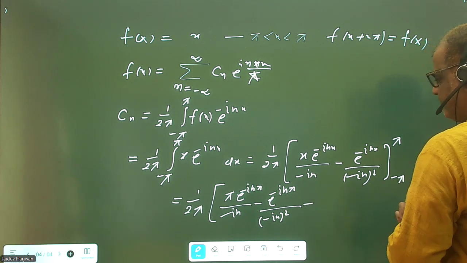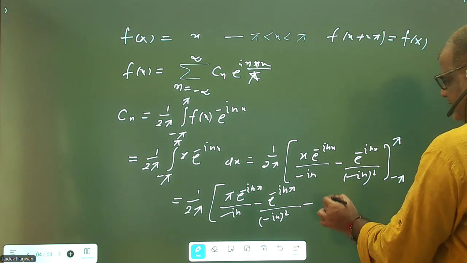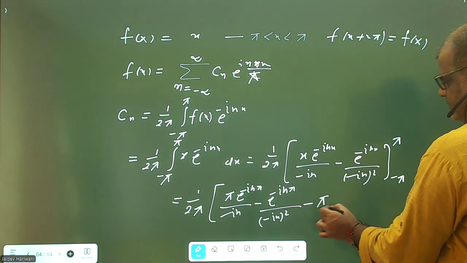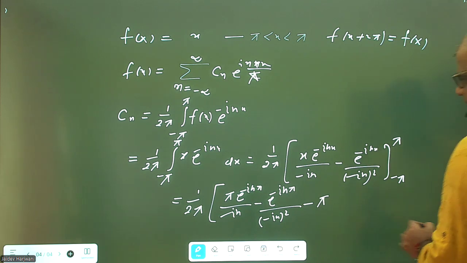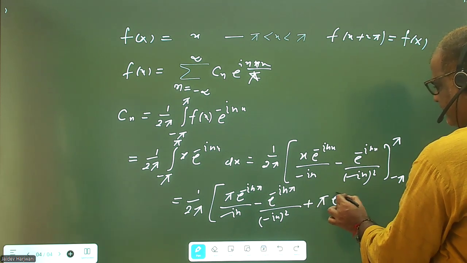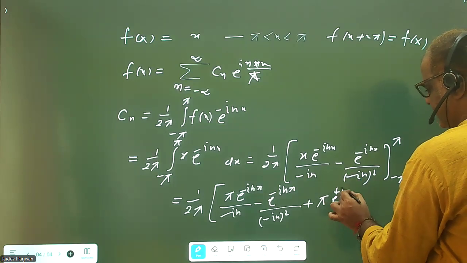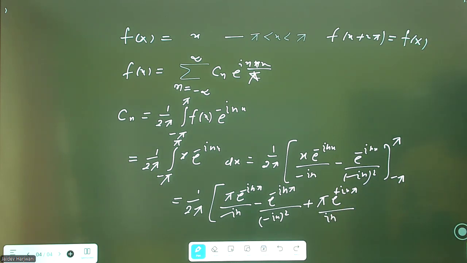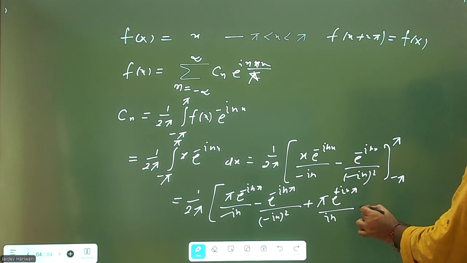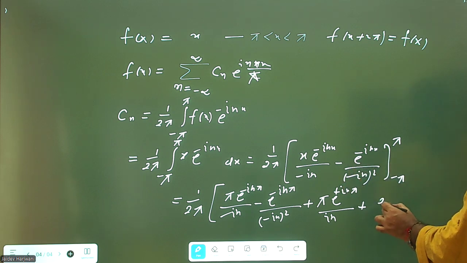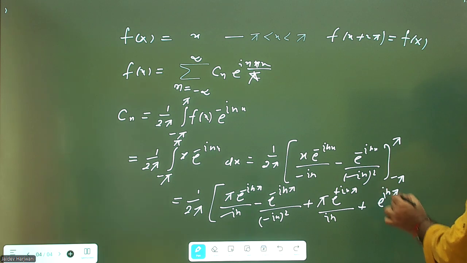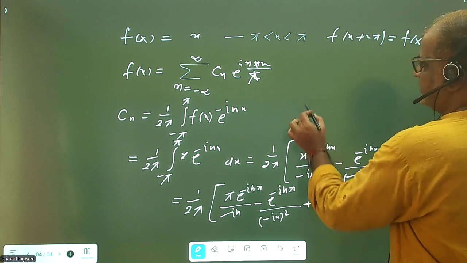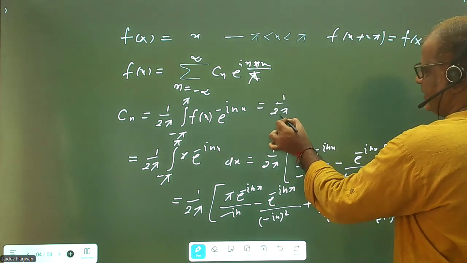So minus minus will become plus: plus pi e to the power iota n pi upon minus iota n, and similarly this also becomes plus, minus e to the power iota n pi upon minus iota n square. Now if you solve this one, this gives me 1 upon 2 pi.